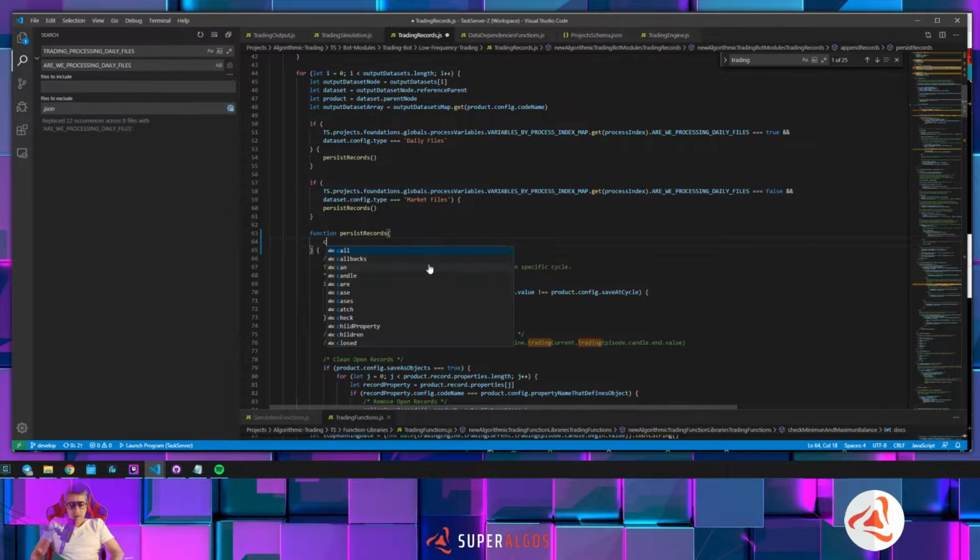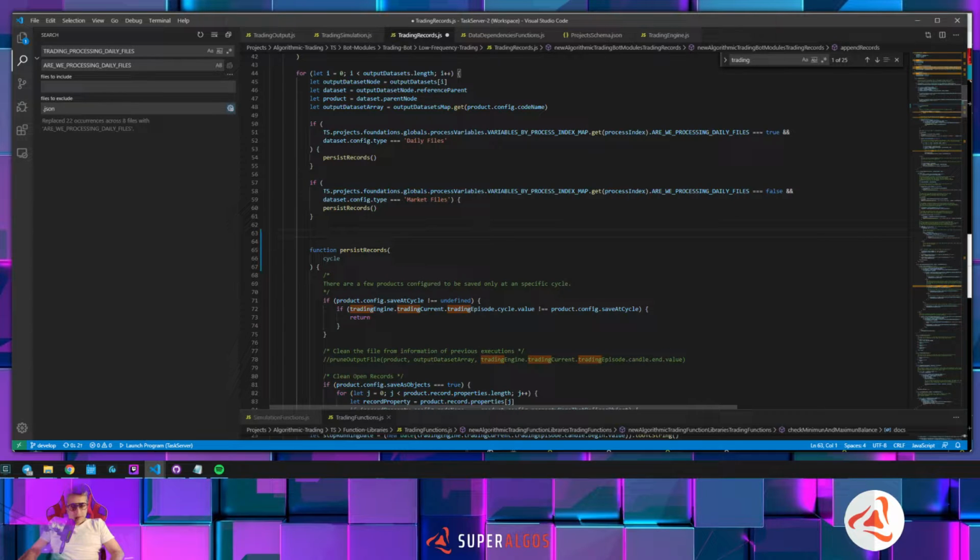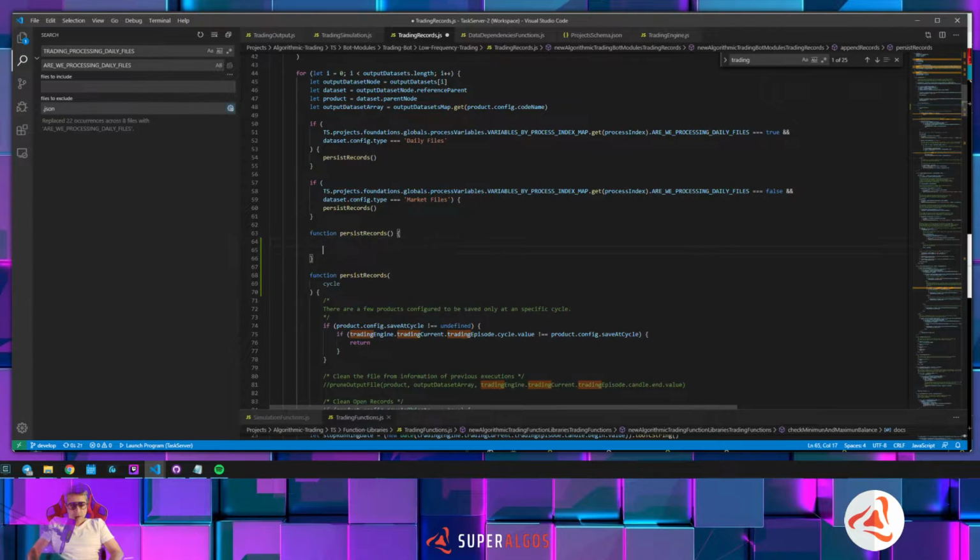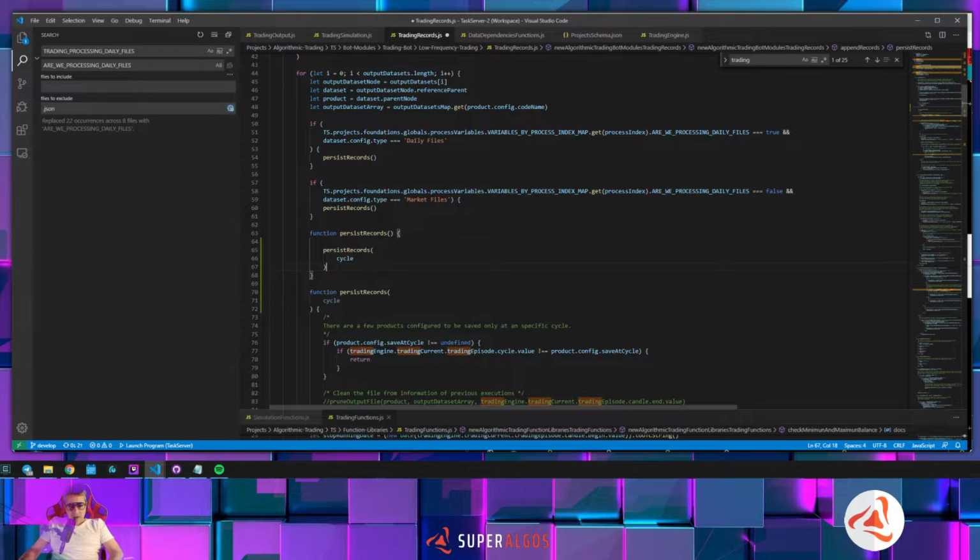One is the cycle. So we will have the same function, and we are going to call this guy once it is at another place, and we're going to send this stuff first. We will send the cycle.